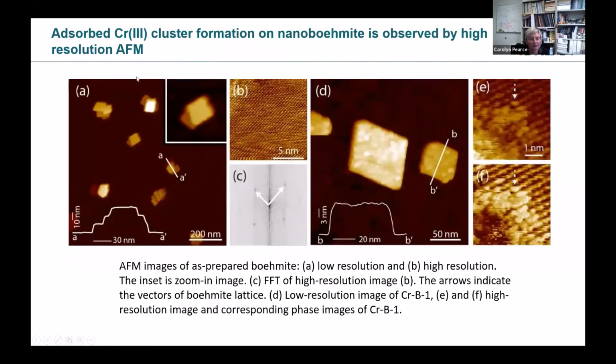So what's the mechanism for the chromium association with the boehmite particles? The first hint that we had for the mechanism of interaction was using high resolution atomic force microscopy, carried out by Xin, where he was really able to see at an atomic level these clusters of chromium sitting on the boehmite nanocrystals.